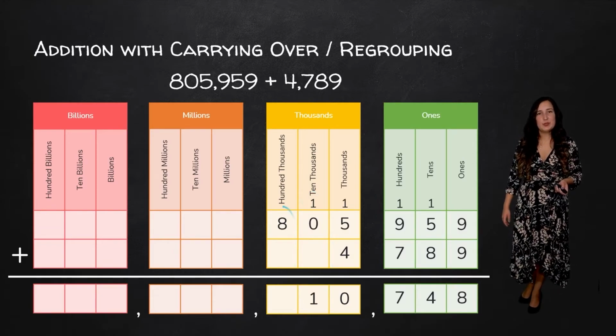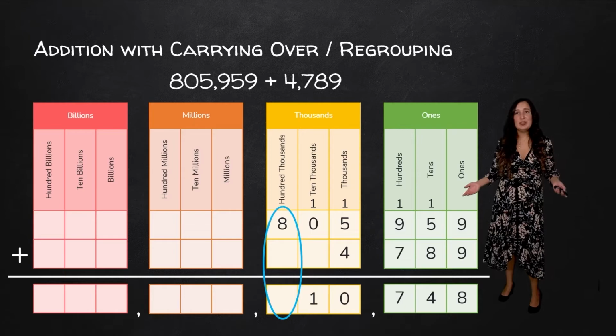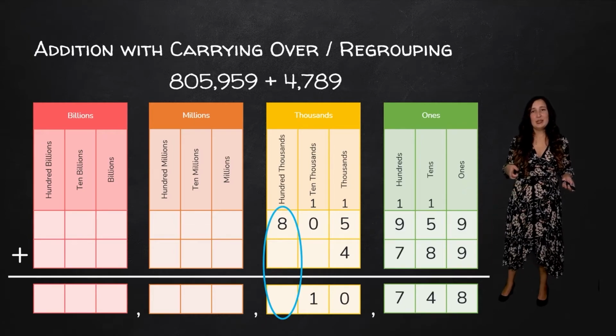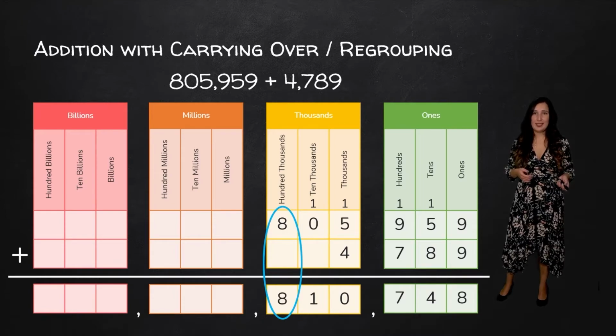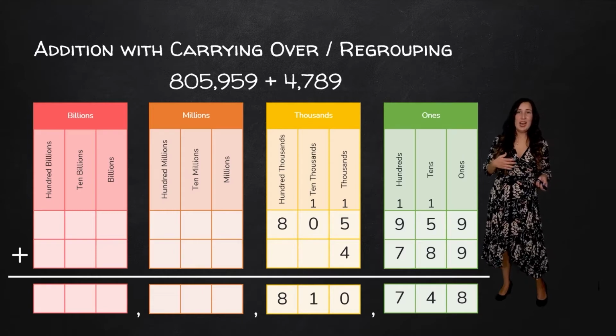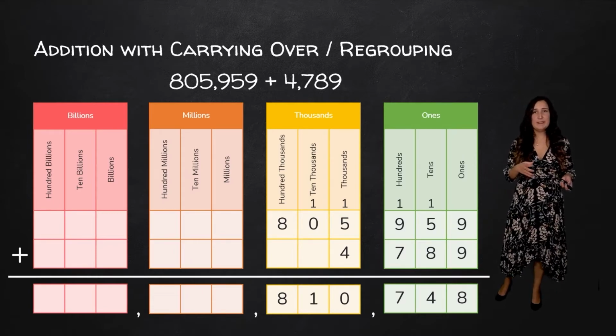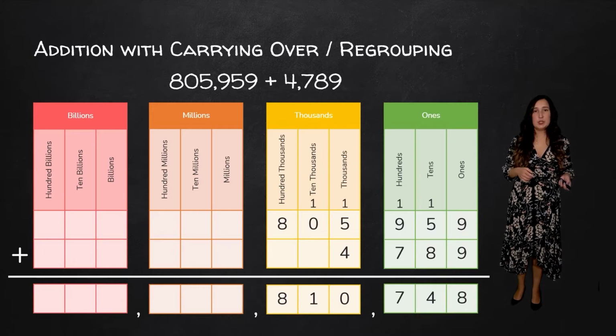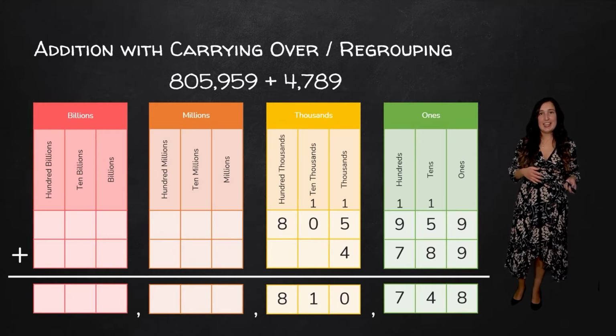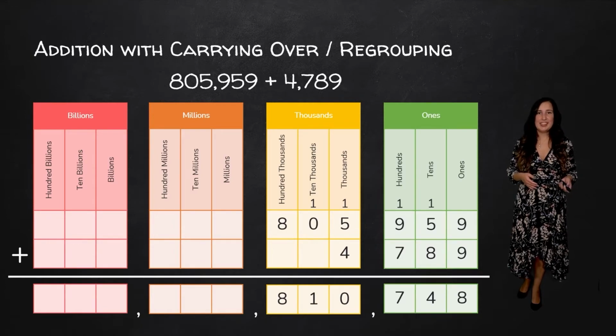And now we're going to move to our next place value, and we only have an 8 here, meaning that we're just going to bring that 8 down because it's the same thing as 8 plus nothing, which just gives us 8. So now we have 805,959 plus 4,789. That's going to equal 810,748. All right?